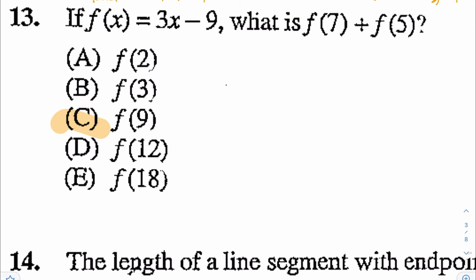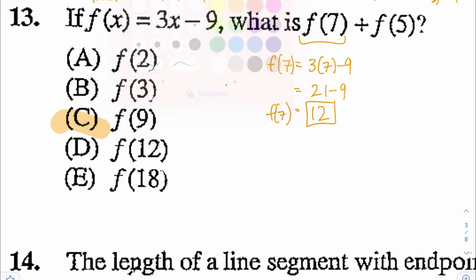So for f of 7, you're putting 7 into the machine. That means everywhere you see x, you replace it with 7. So f of 7 is equal to 3 times 7 minus 9, or 21 minus 9, which is equal to 12. All right, so this piece is equal to 12.